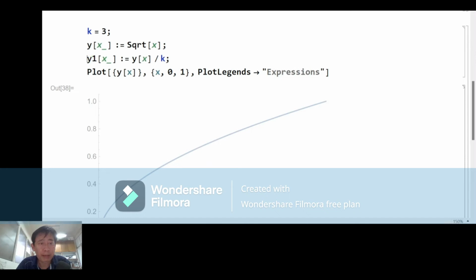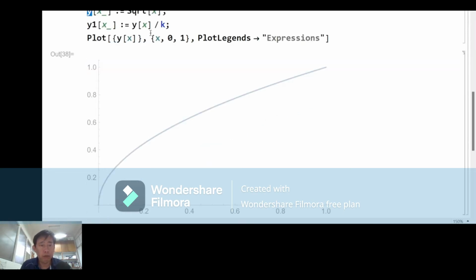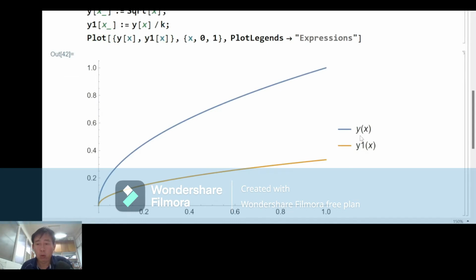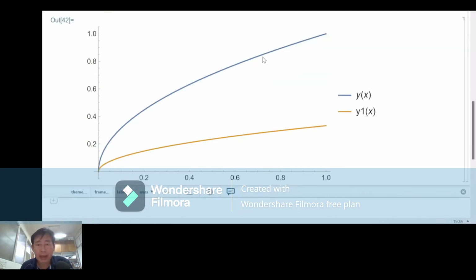So I expect that when I plot the function y1, y1 should be below the original function y by a factor of 3. So I'm going to plot y and y1 together on the same plot, and you can see that indeed y1 is lying below the function y, and if you take any single point on the curves y and y1, the ratio is always 1/3.